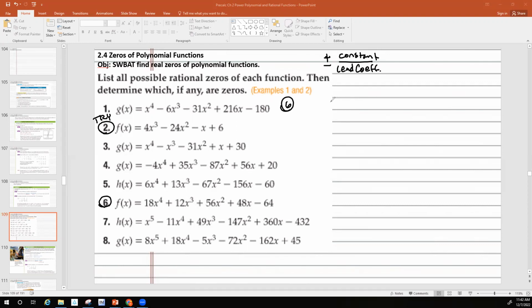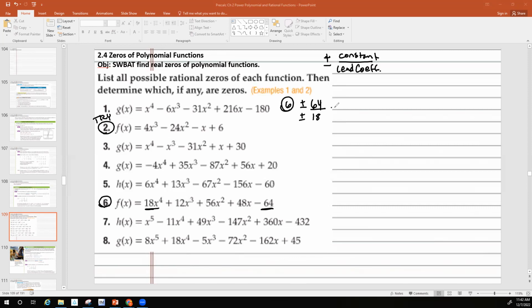We don't know. So we're going to put 64 over 18. And notice how I'm not using this negative 64. I'm going to make it plus or minus. It does matter, but it could be either one.